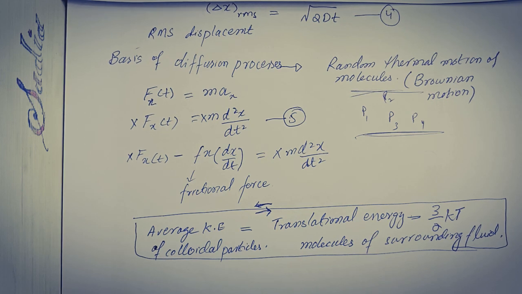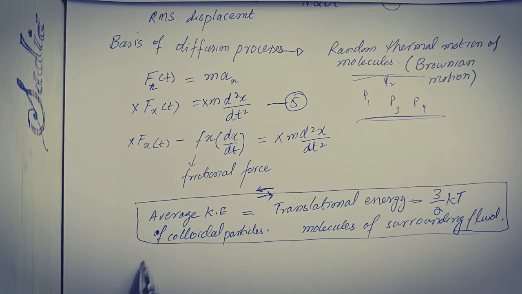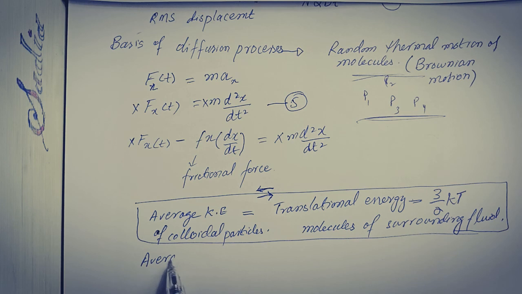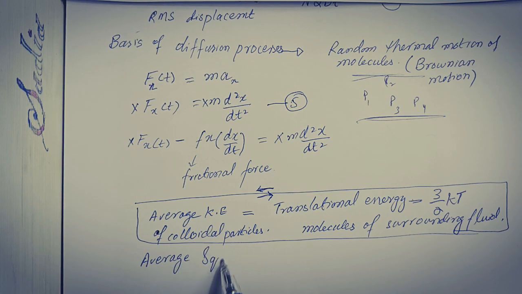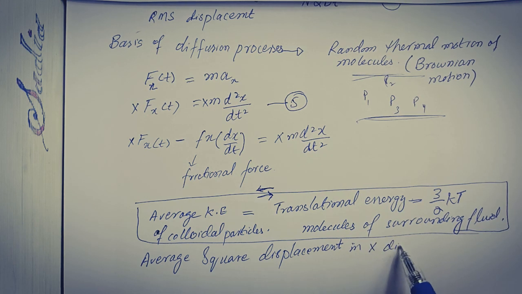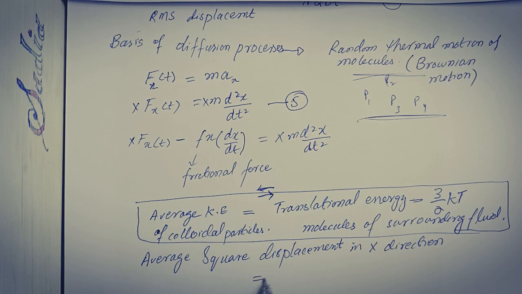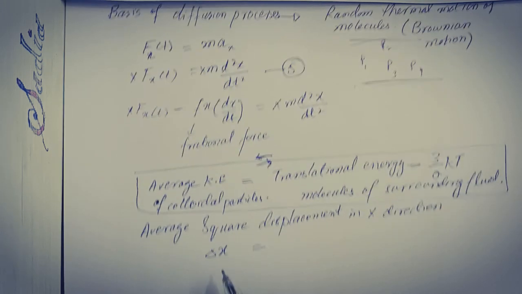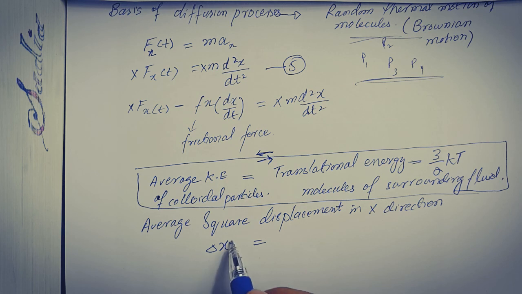So the average square displacement in x direction is given as average distance square.